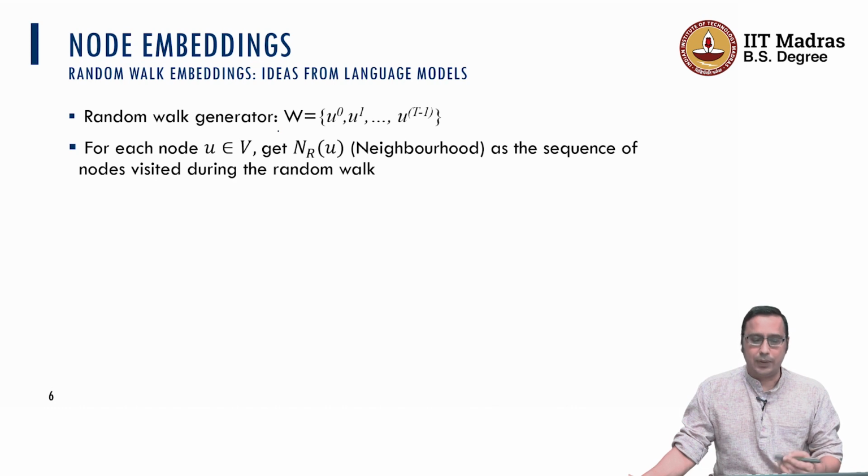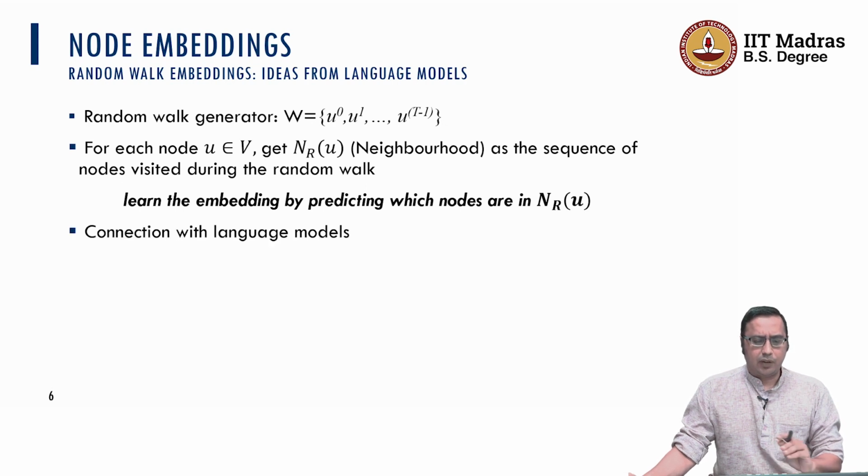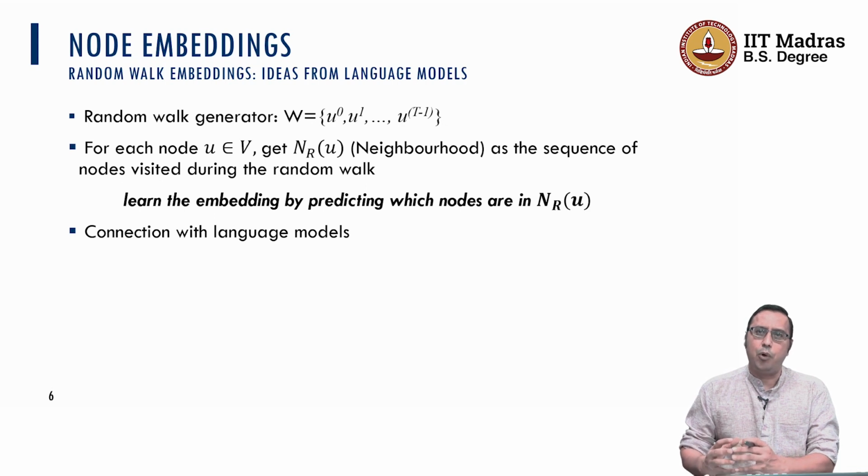Now if you look at this sequence, we are interested in learning the embedding by predicting which nodes are in the neighborhood of u. And we are going to take a little detour and borrow some ideas from language models and connect our problem with the language model problem, which has been solved in the natural language processing literature, and we will see how we can bring those solutions to our problem.